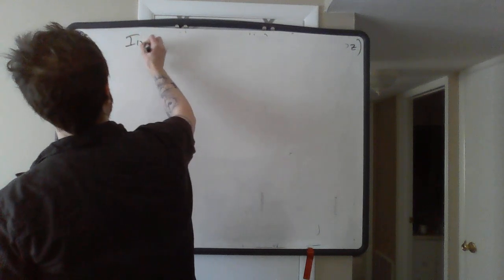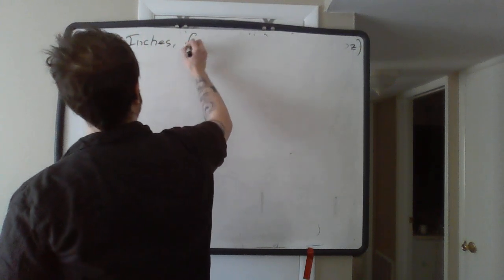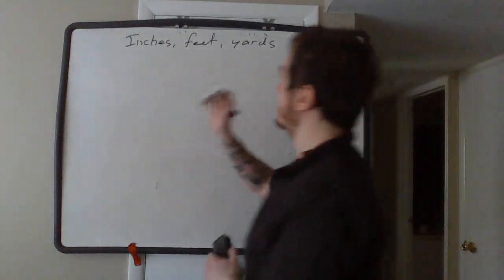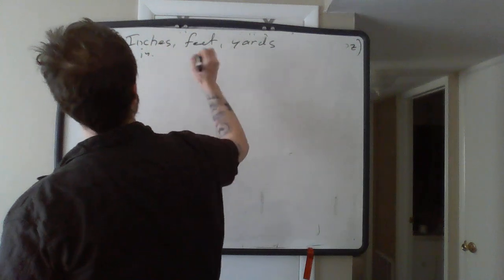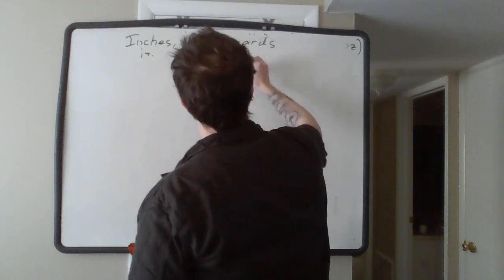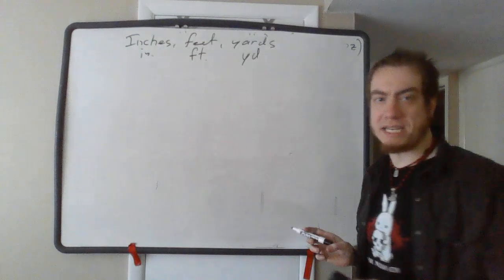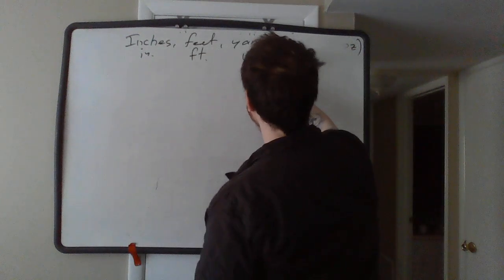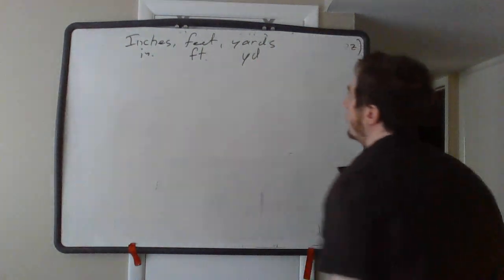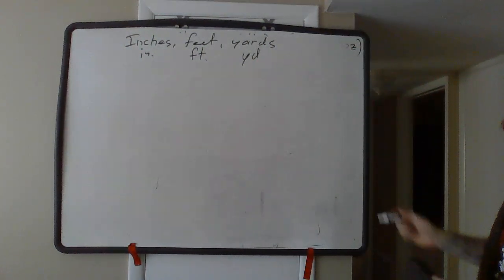Now this is going back to lengths. The symbols for each of these: inches is abbreviated as IN, feet is abbreviated as FT, and yards is usually abbreviated as YD, or sometimes people put YDS, whatever you want to do here. YD is fine for yards.